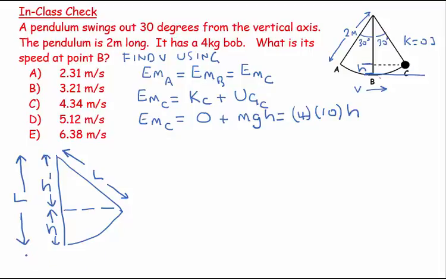And I can say that L is equal to H plus H dash, and I want to find H, so I can say H is equal to L minus H dash, which equals L minus, and if you think about it, H dash is L cosine theta.